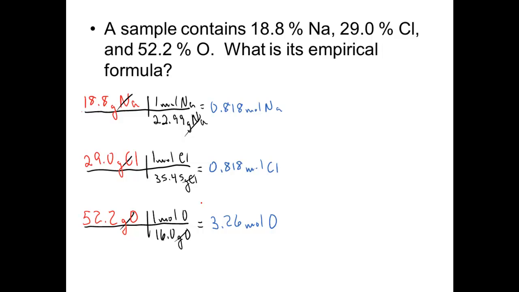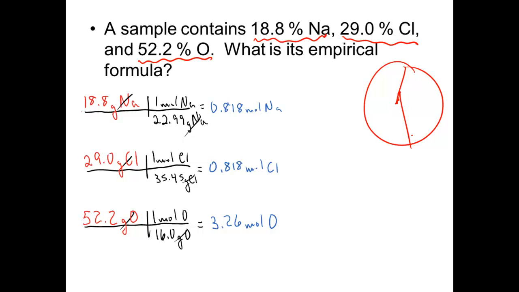And in the second example, we start with percent composition, the percentage that is sodium, the percentage that is chlorine, and the percentage that is oxygen. Now, if we have a 100-gram sample of this compound, a little more than 50% of it will be oxygen. So if it's a 100-gram sample, that'll be 52.2 grams.